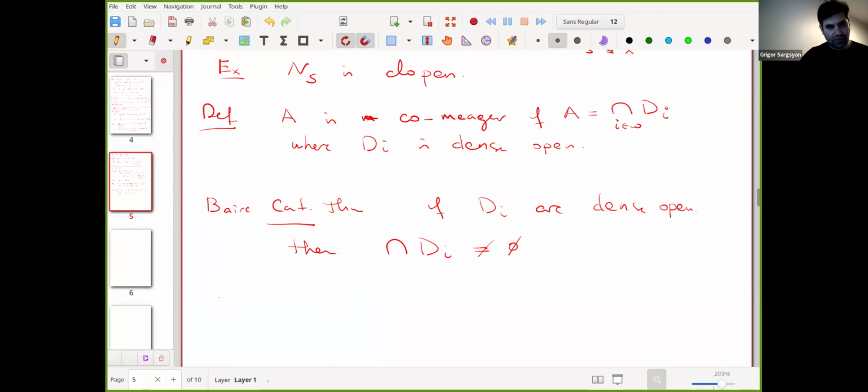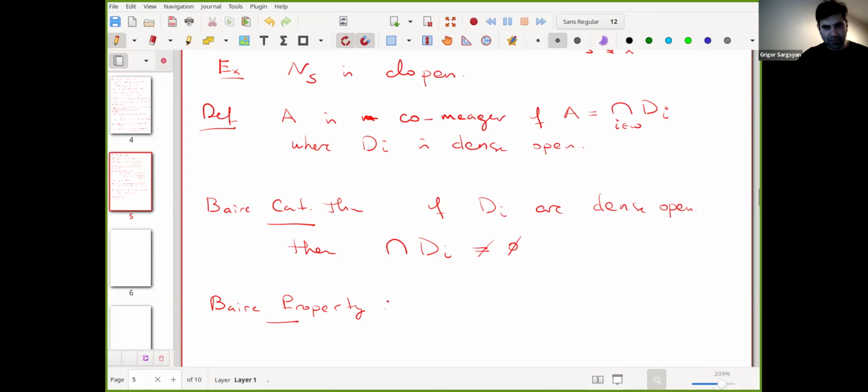Okay, so Baire property. This is the effective, right, Baire category theorem, because you have a well order of the finite sequences of omega. Yes. Okay.